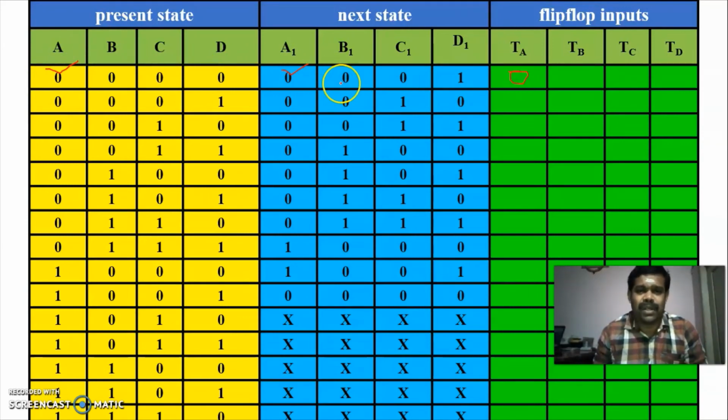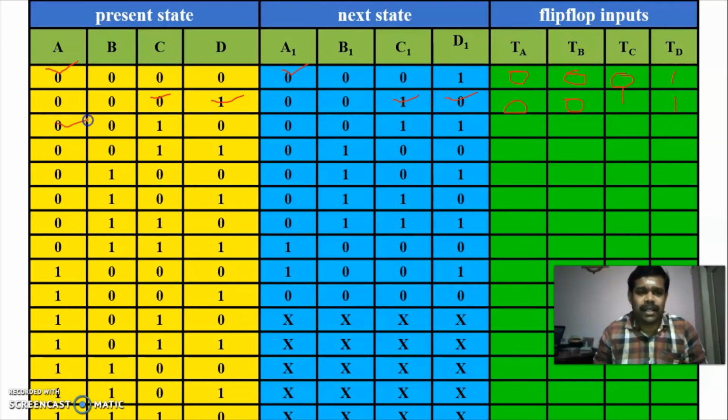Similarly, for 0, 0, you have to put 0. For 0, 1, you have to put 1. Similarly, for the second one, for 0, 0 put 0, for 0, 1 put 1, then for 1, 0 put 1.